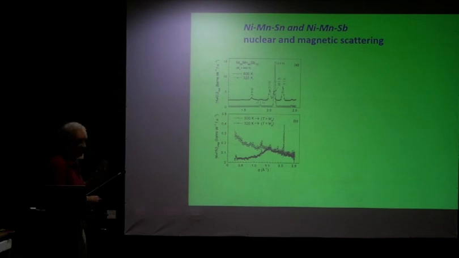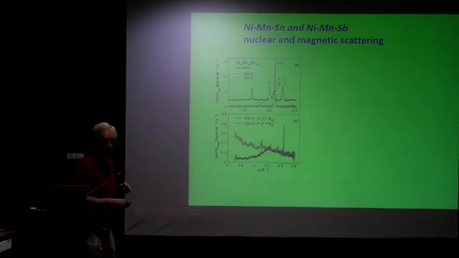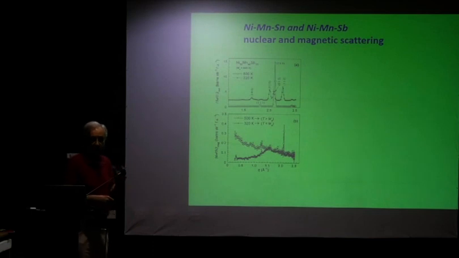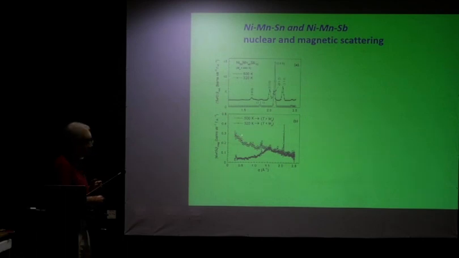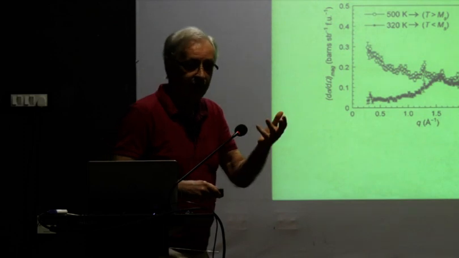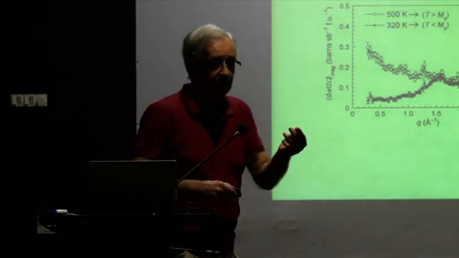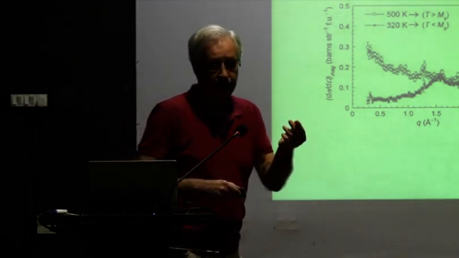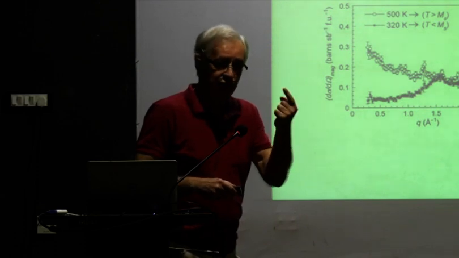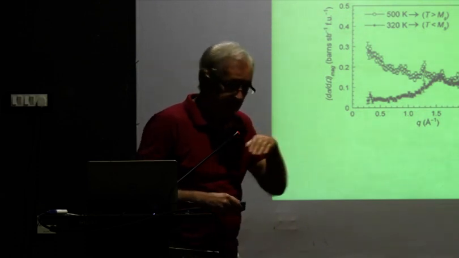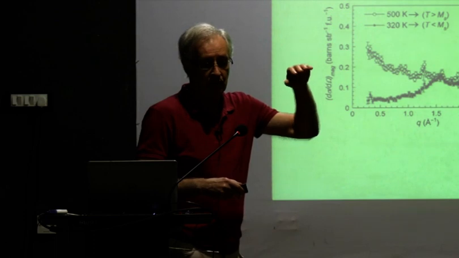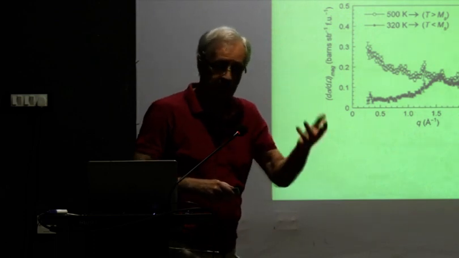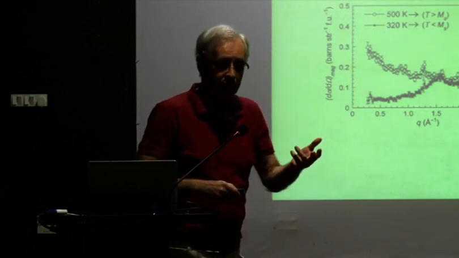This range is about where we have to stop, because anything smaller than that comes into the main beam. This rise towards Q equals 0 tells us that we have, on some small scale, some ferromagnetic correlations. Q equals 0 would be a Bragg peak. And if there's anything peaking towards Q equals 0, from this data, we can say that we have ferromagnetic correlations.